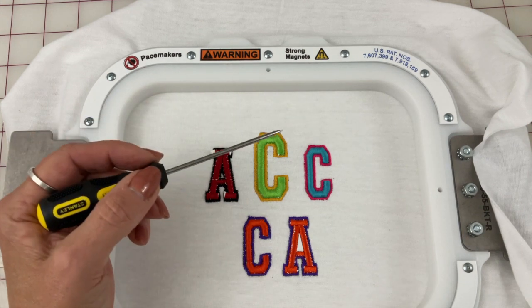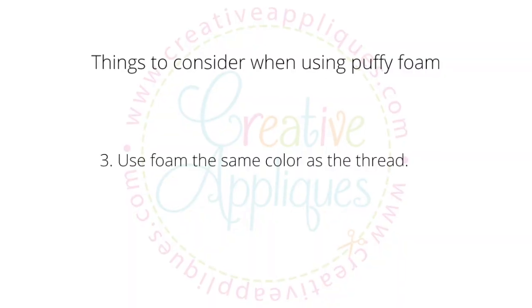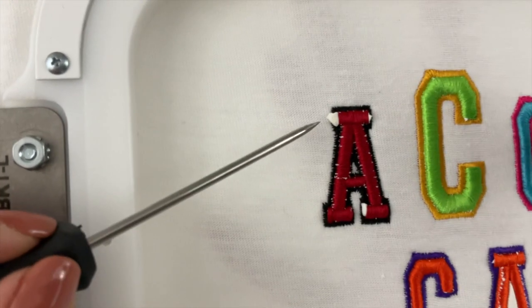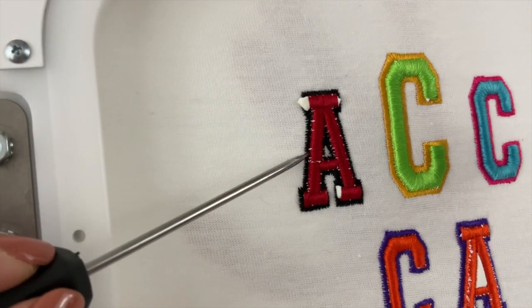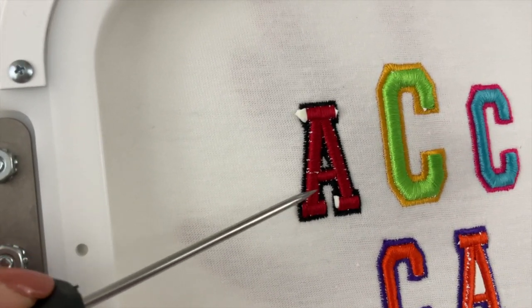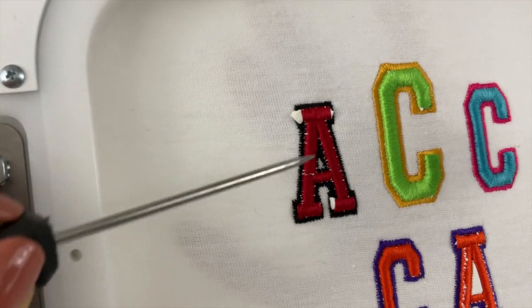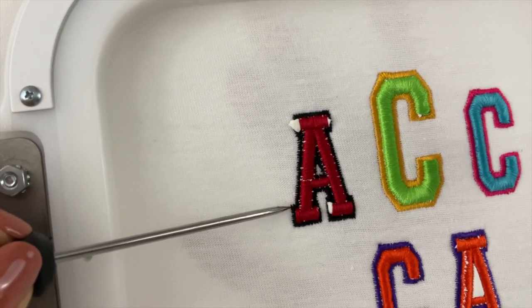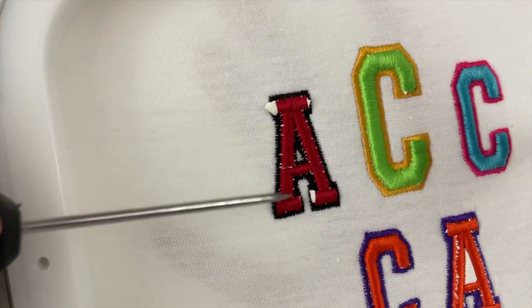The next thing to consider is using the same color foam as the thread you're using. So on this letter A, I specifically didn't use the same color foam as I did for the top. I used white foam with the red thread, and I did that specifically so you can see how it pokes out.